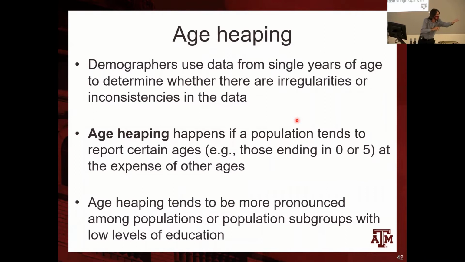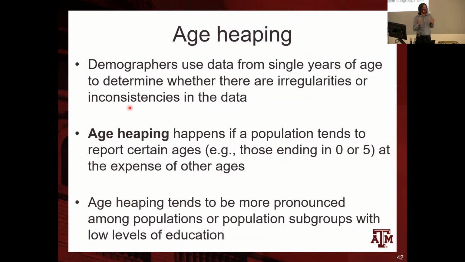It's pretty much I go to each one of you and ask, what's your age, and I write it down in my questionnaire. And demographers came up with this technique that tried to see if the age reported by individuals has good quality or not, whether there are irregularities or inconsistencies that show us that we should not trust a lot the data that were reported by age.